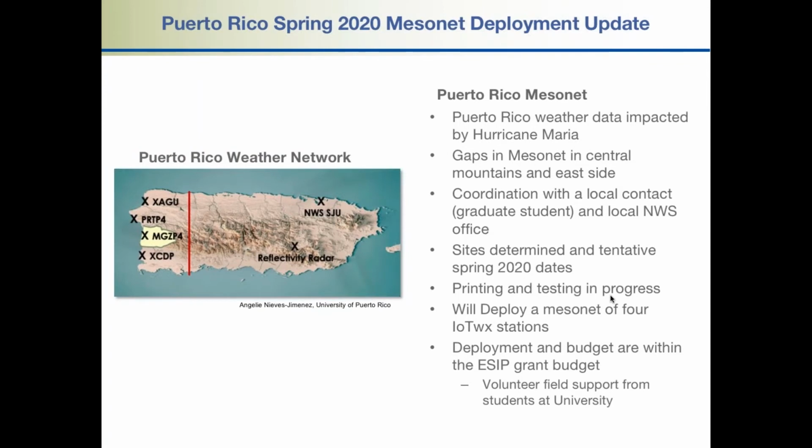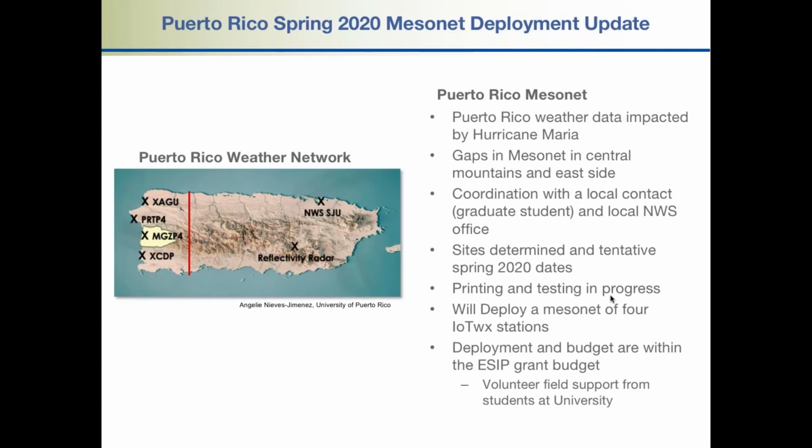So the network of weather stations in Puerto Rico, as you can see, has a bunch of stations on the West Coast, and radar. You have a few other small, privately run weather stations along the southern coast, but you don't really have a huge network of weather stations.